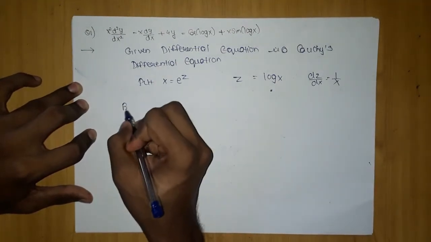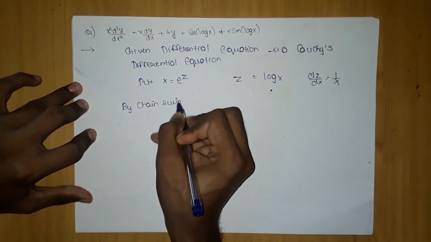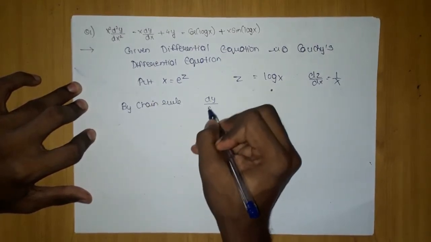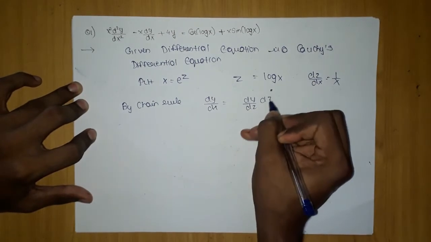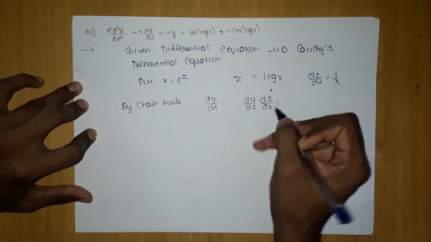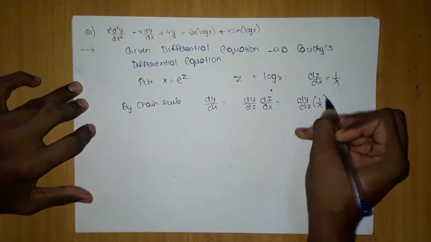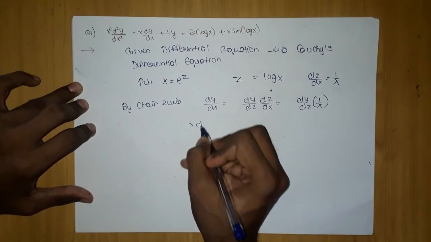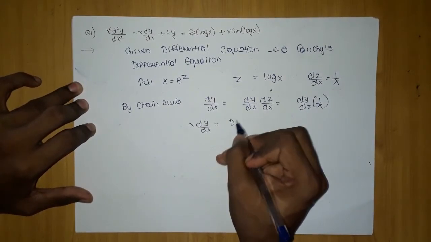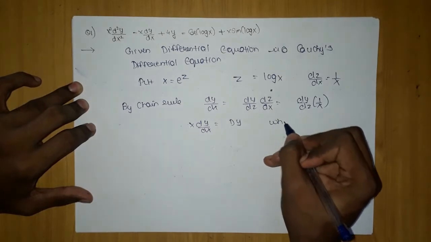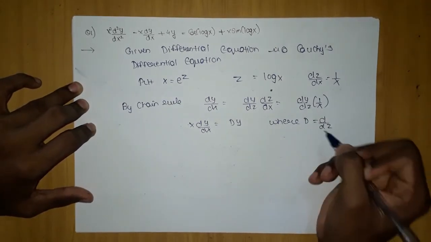Now by chain rule we can prove dy by dx is nothing but dy by dz into dz by dx, which will give you the final answer dy by dz into 1 by x, giving you x into dy by dx value as Dy, where D equals d by dz.